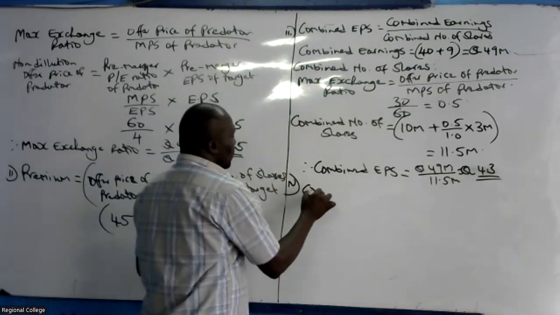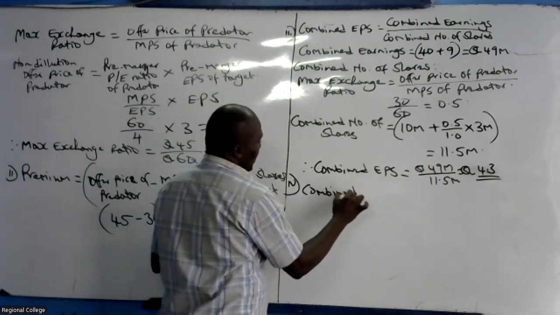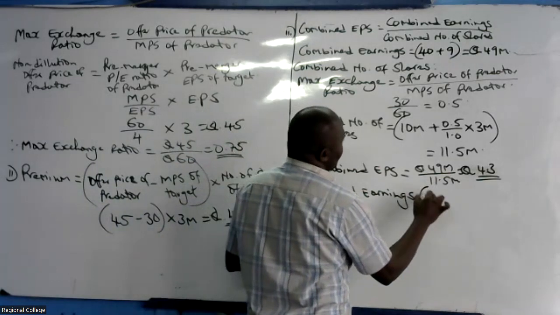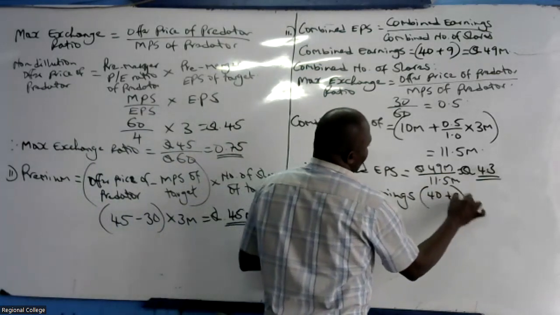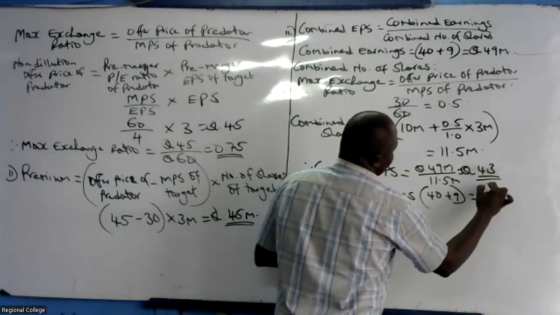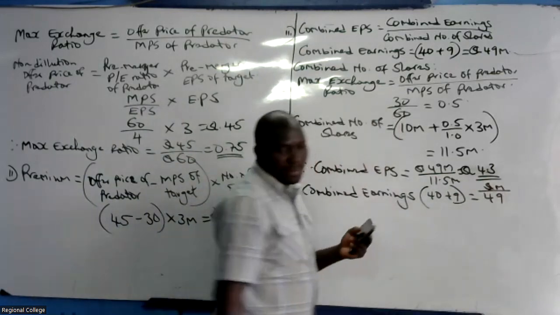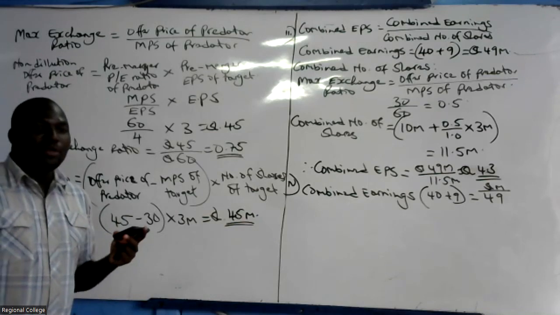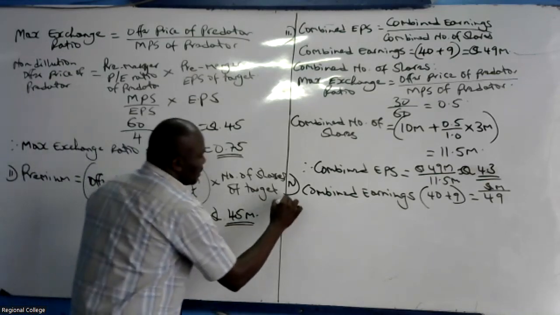We need to get our combined earnings. Combined earnings. 40 plus 9, which is 49 million. Then because you're bringing in debt, you're supposed to less what?